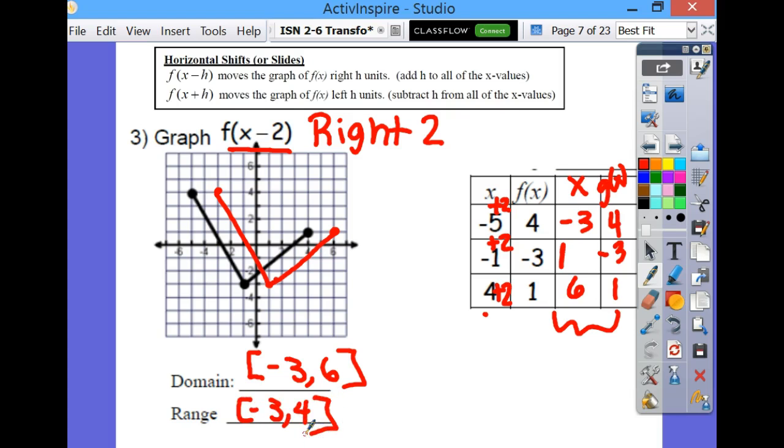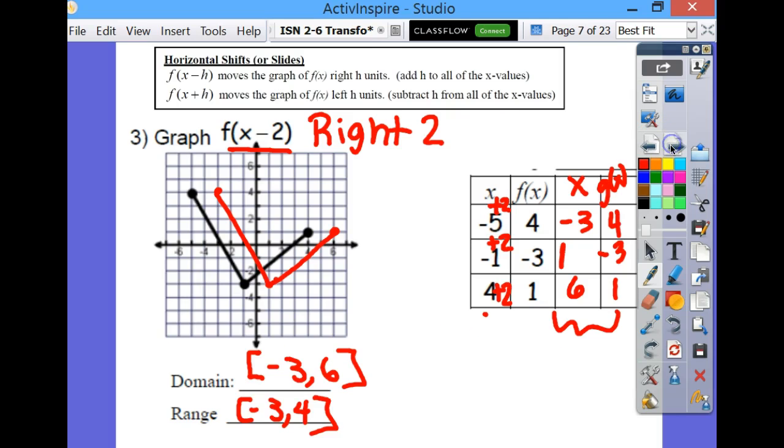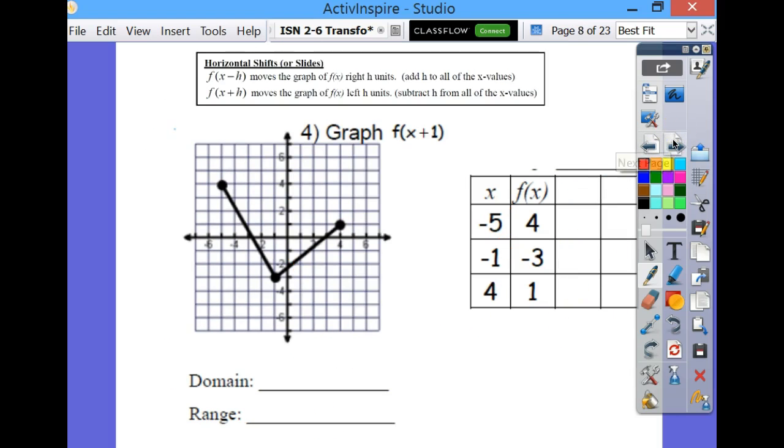Okay. Example number 4. Where are you, example 4? There you are. What does the x plus 1 do to this graph?